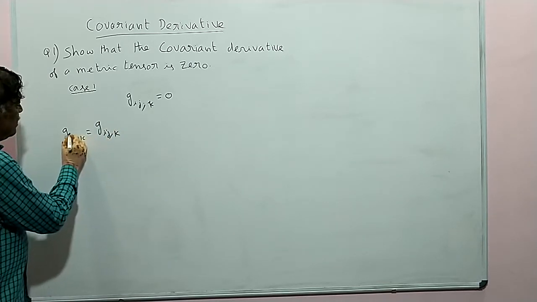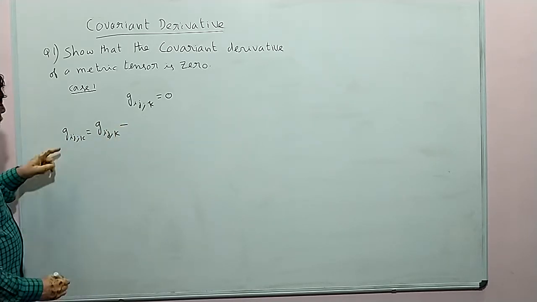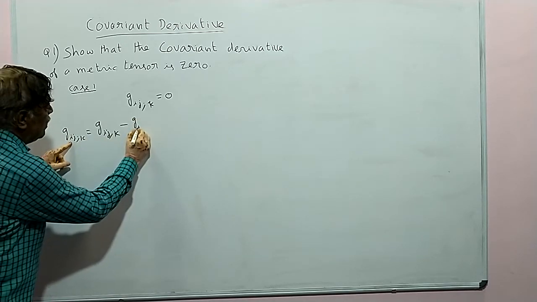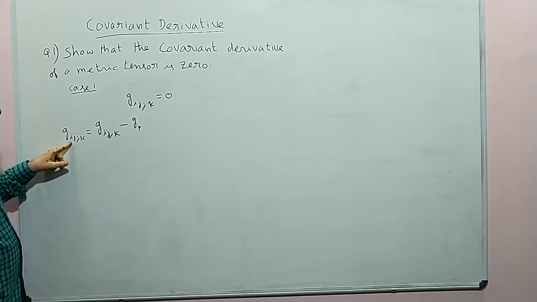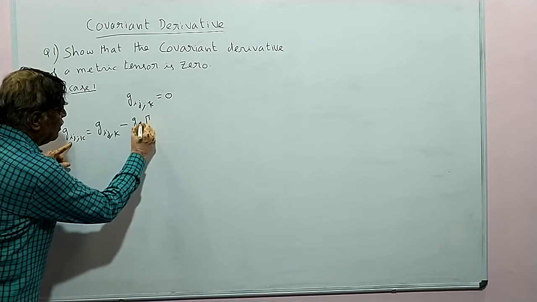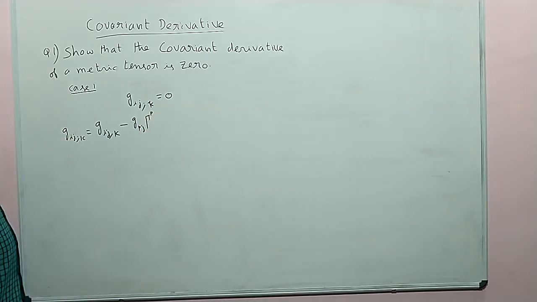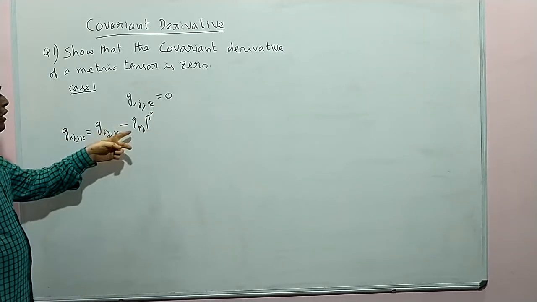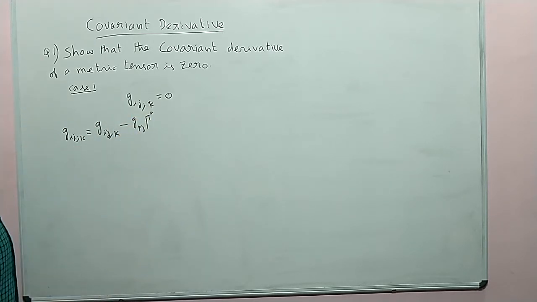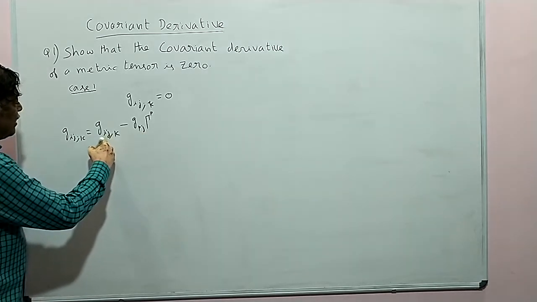Then, since it is a covariant derivative, you have to use a minus sign, and in g the first index must be replaced by a dummy index p, g_pj, times gamma. Since there is a p here, there must be a p here, so that this dummy index disappears during summation. This is j, so the remaining indices are ik.